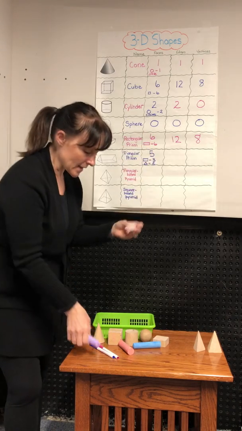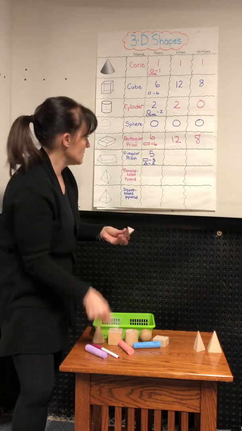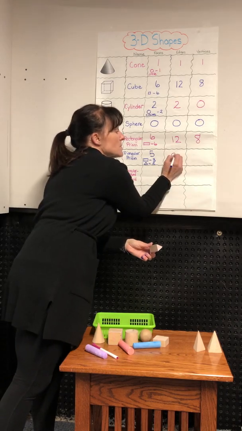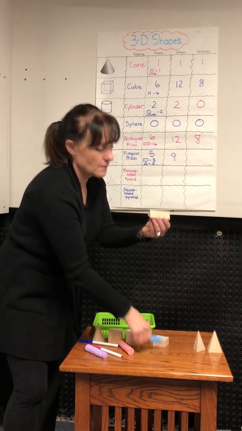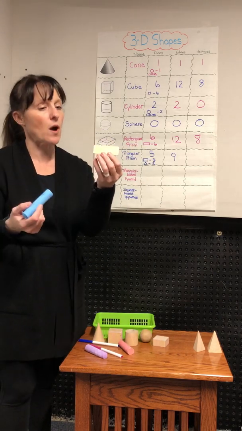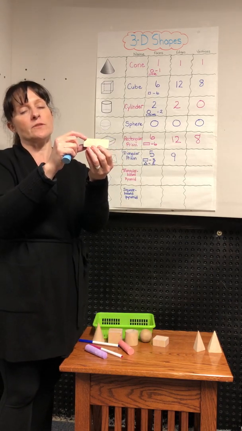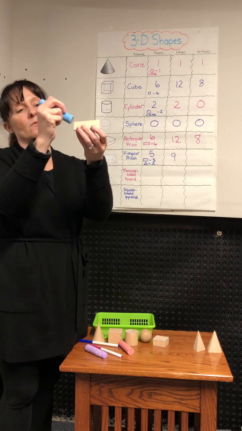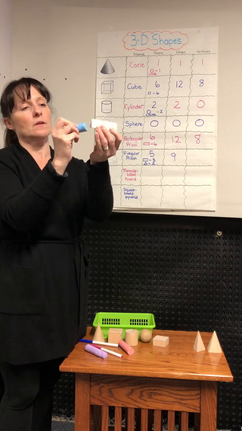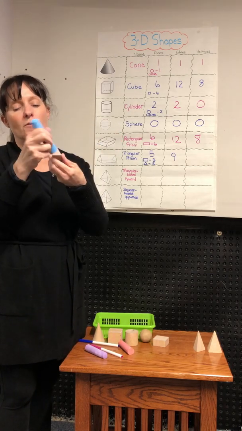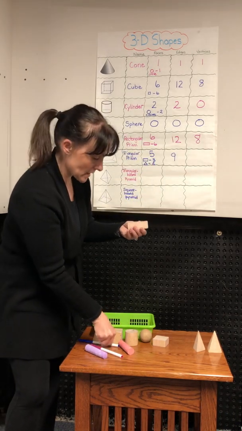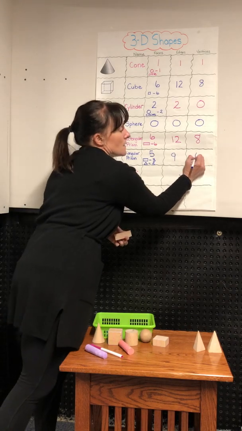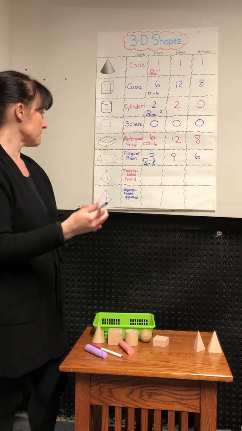So there's 9 edges on a triangular prism. So when we go to find those vertices, remember we're looking for those pointy parts or where our edges or faces are meeting. So we have 1, 2, 3, 4, 5, and 6. So we have 6 vertices in a triangular prism.